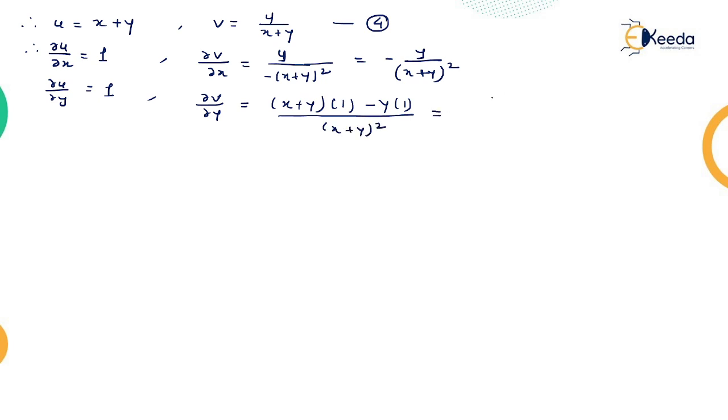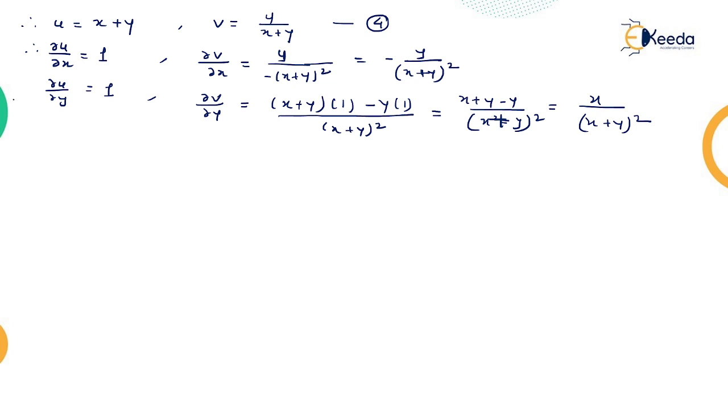So it will take the values: (x+y) minus y upon (x+y) whole bracket square, not x square. This is x plus y minus y, y gets cancelled, so x upon (x+y) whole bracket square.